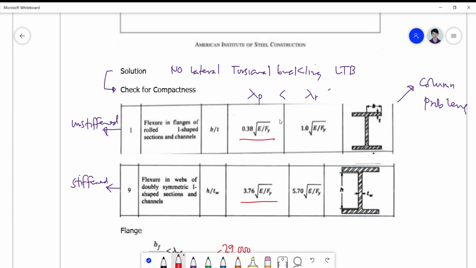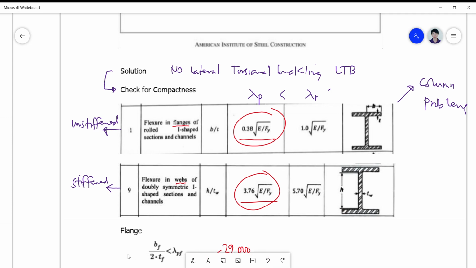If it passes here, it is sure to pass there, because this is always less than lambda r. And take note that the values for unstiffened and stiffened are different. This is for flanges, these are for webs. So this is our comparison that we will use on our compactness check.